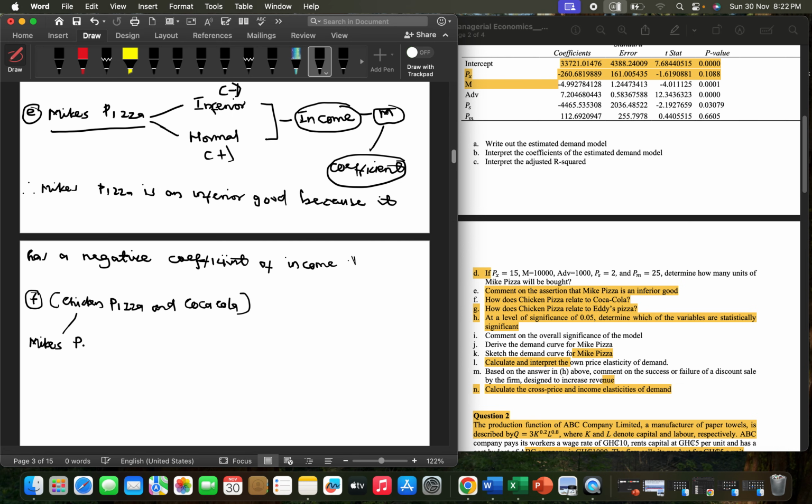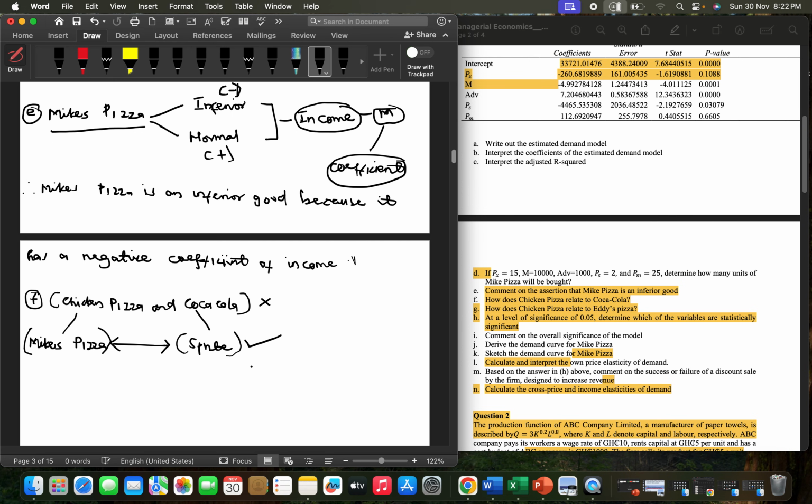I'm sure there was a mistake with this. Mike's Pizza. Then in place of the Coca-Cola, we will use Sprite. So we are rather going to do the analysis based on what? Mike's Pizza and what? Sprite. So this is supposed to be the correct question, but not this one.